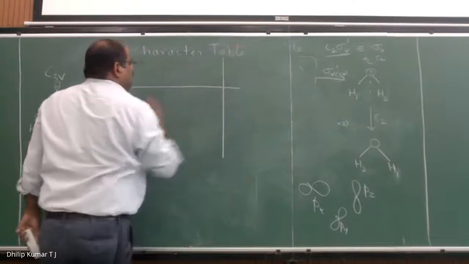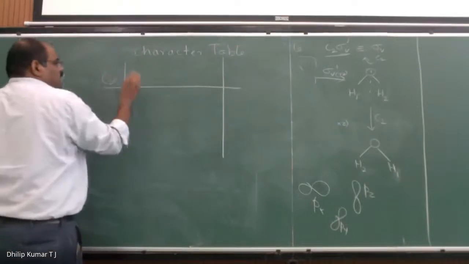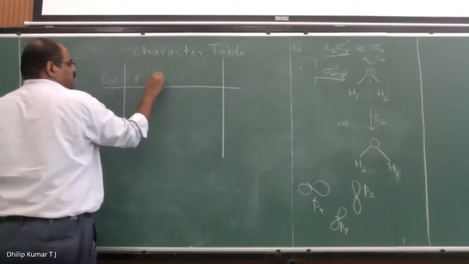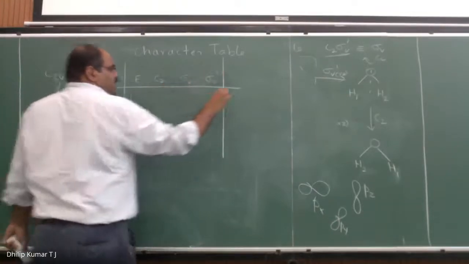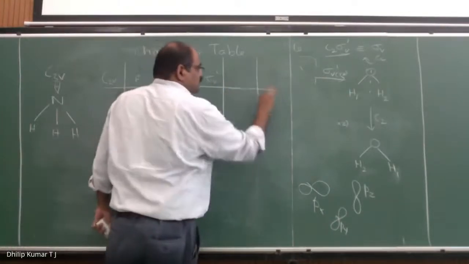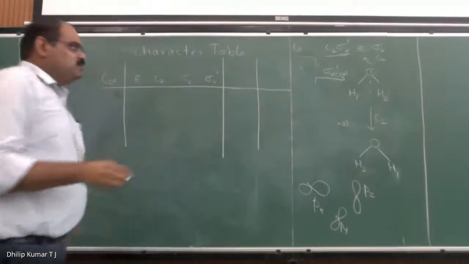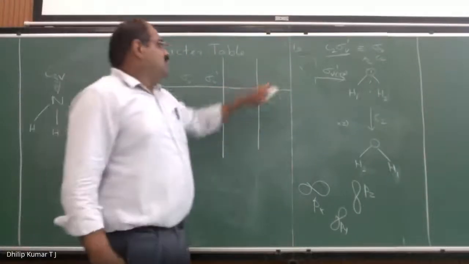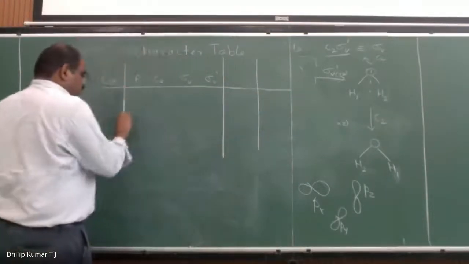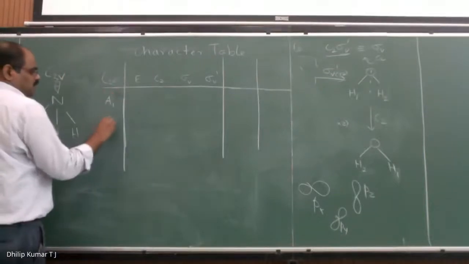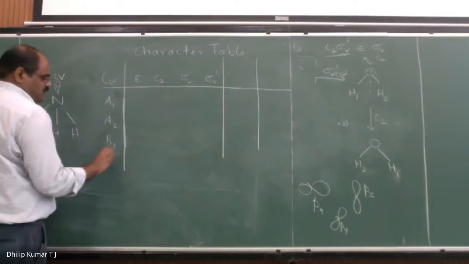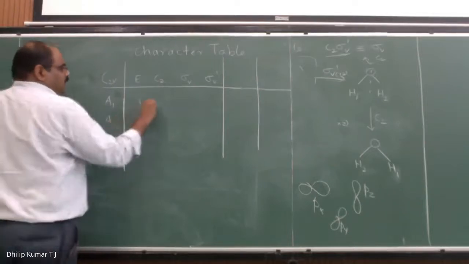There will be a point group, and all the symmetry elements will be there. And there will be two more columns. Here, all numbers will be there. So for C2v, it will be A1, A2, B1, B2, and there will be numbers here, something like this.